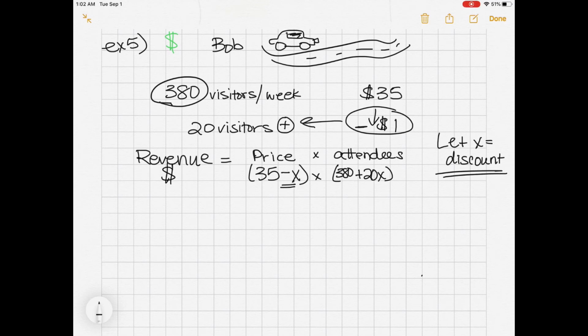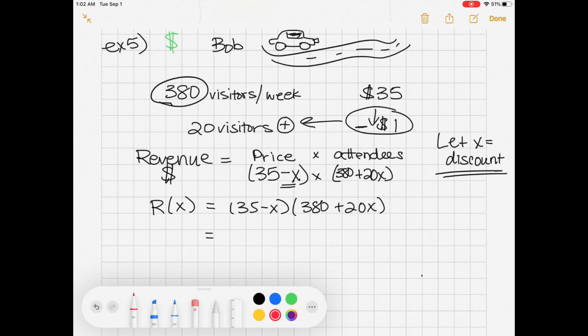So let's figure this out. Revenue, we'll call this a function R of x, where the price is 35 minus x. We're trying to figure out how to maximize it, right? And we're going to multiply it by 380 plus 20x. All right, so let's do that math.